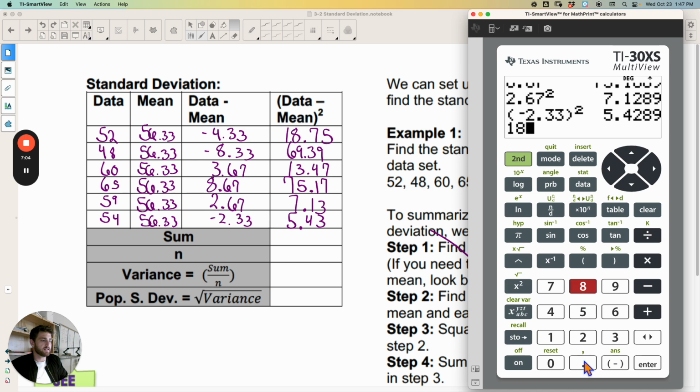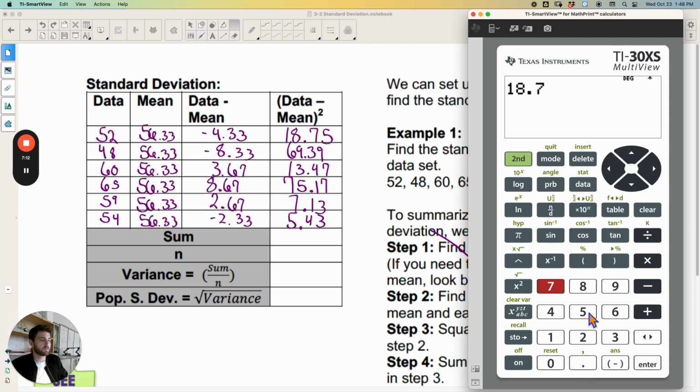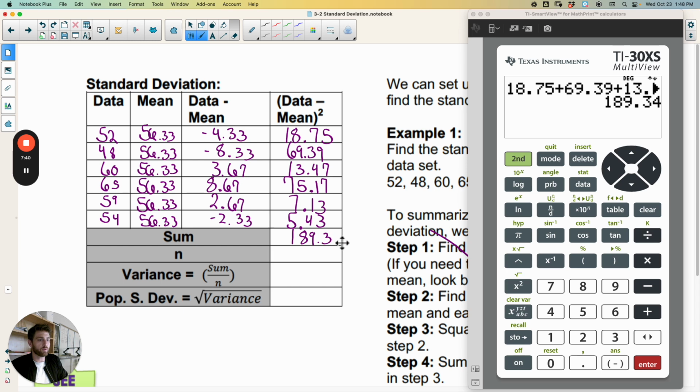So we'll do 18.75, and we're going to add, let me do all that at once, 18.75 plus 69.39 plus 13.47 plus 75.17 plus 7.13 plus 5.43, and that will give us a total of 189.34. And then it also wants us to evaluate n.